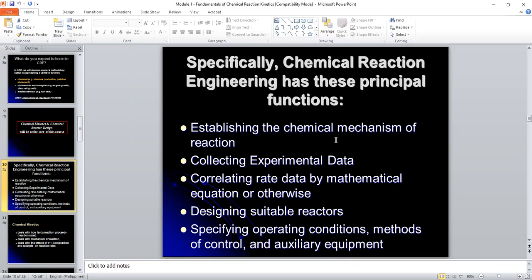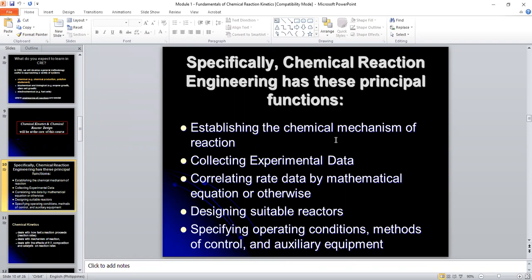Okay. Now, in chemical reaction engineering, we also collect experimental data. So this experimental data is being collected. That way we can come up with the rate law or the rate equation that will best explain the behavior of your species given the condition in which it was allowed to react with another or allowed to decompose.